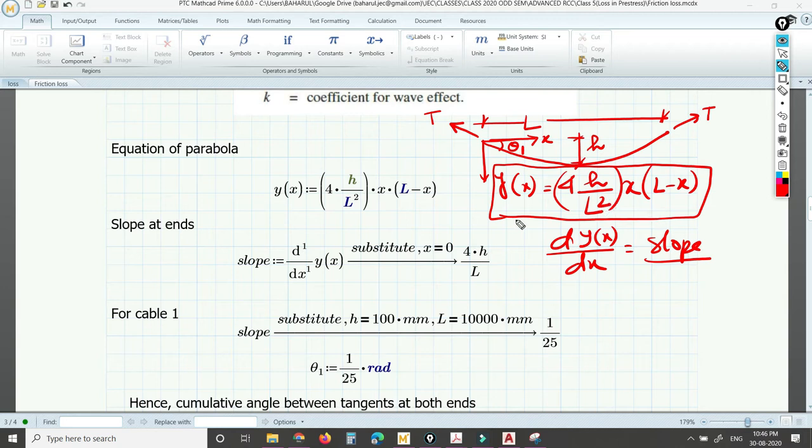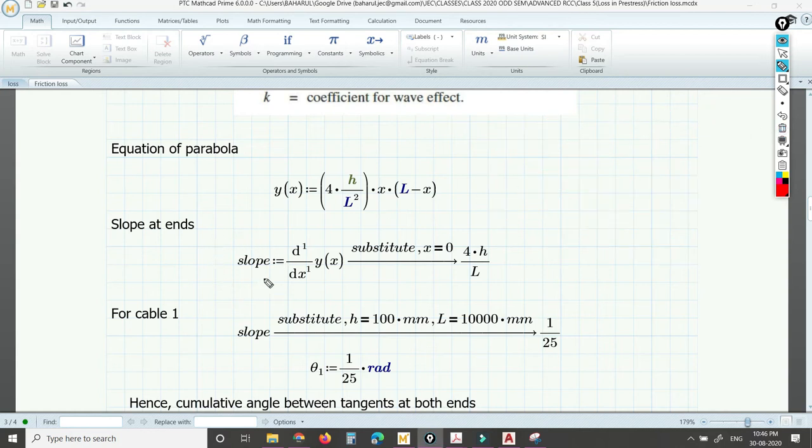So we are doing the same thing here. If we want to find the slope at the end, I differentiate this equation yx and substitute x is equal to 0, because for this parabola this is x, this is y. At the initial position x is equal to 0, and at the end position x is equal to L.